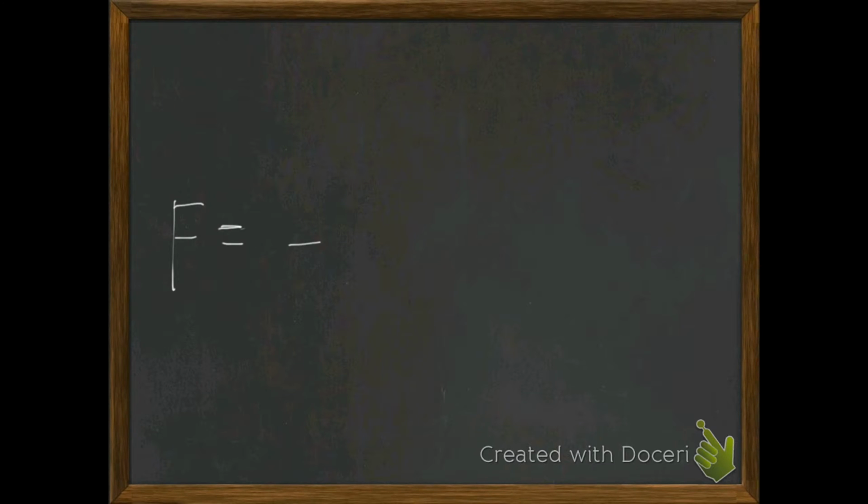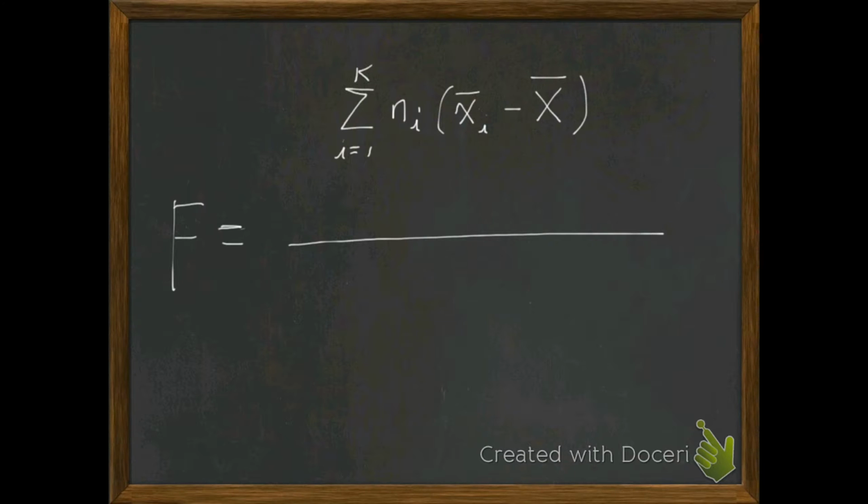Let's see if I can write this. So the sum of squares for the factor will be the sum from i equals 1 to k of n sub i times x bar sub i minus the grand mean, quantity squared, over its degrees of freedom, which is k minus 1.